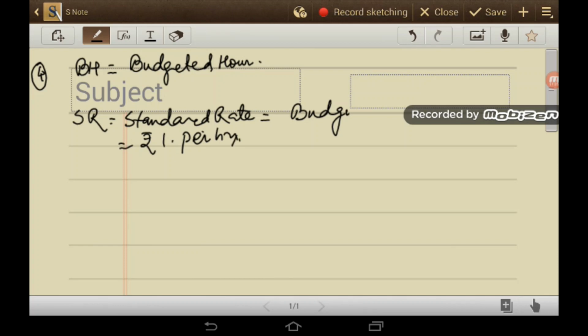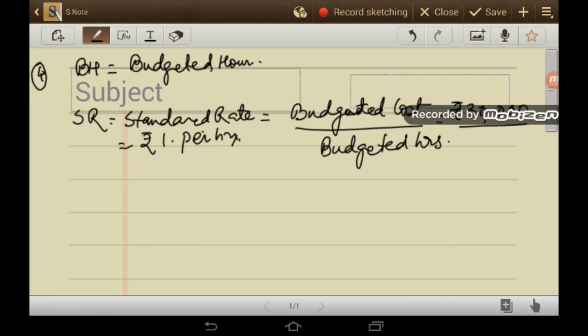This is equal to budgeted cost by budgeted hour. So budgeted cost is given as 30,000. So this is budgeted hours.